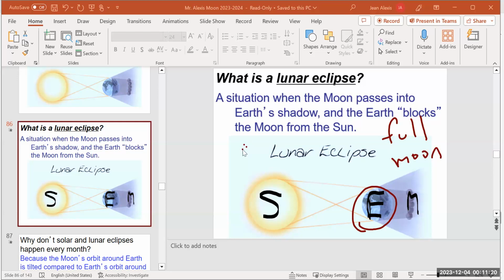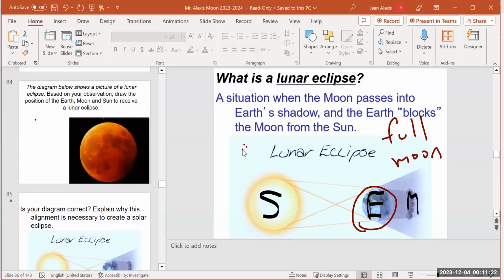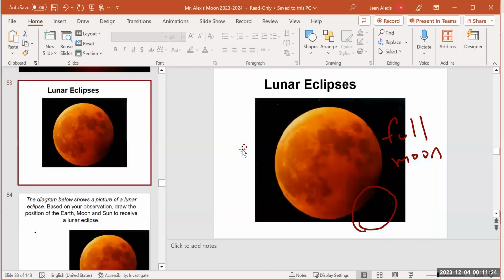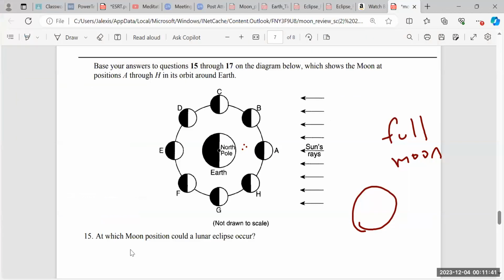I just want to show you an example of a total lunar eclipse, right? As you can see, it is a full moon. A lot of people refer to this as a blood moon. All right, so going back to my paper, at which moon position could a lunar eclipse occur?